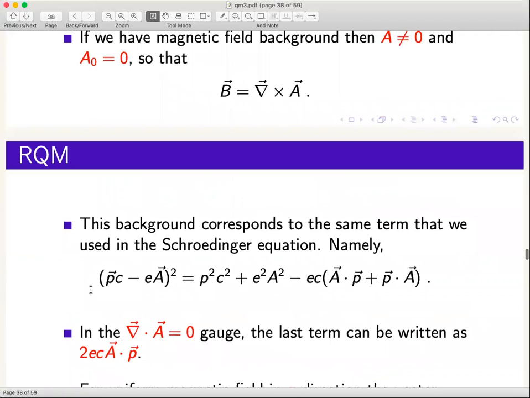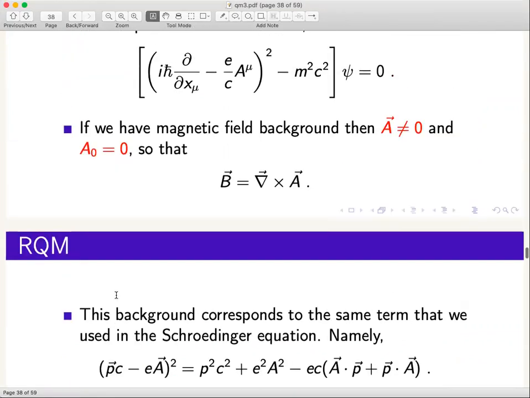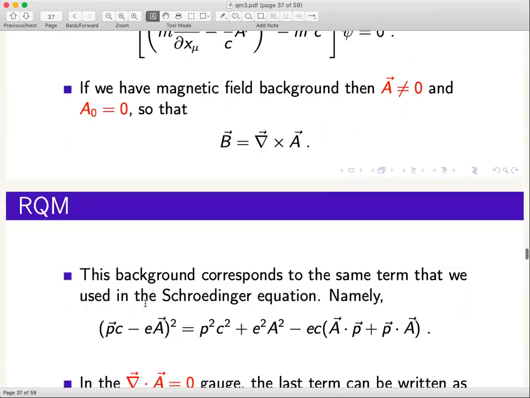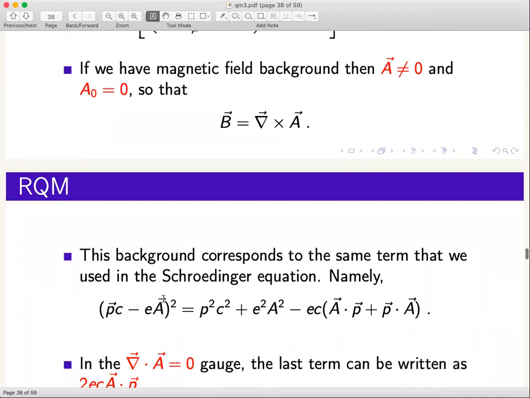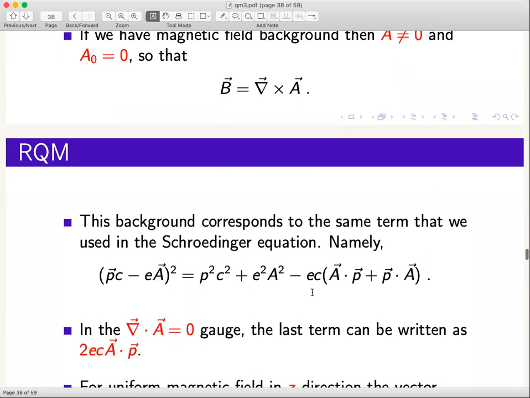Okay, very good. So what we'll do is go back to this equation, and we have this same object written in the vector form here, and you can expand this. You get p squared c squared plus e squared A squared minus ec times (p dot A plus A dot p). Okay. At this point, one could make a choice of gauge to be the Coulomb gauge, say, which means the divergence of the vector potential vanishes.